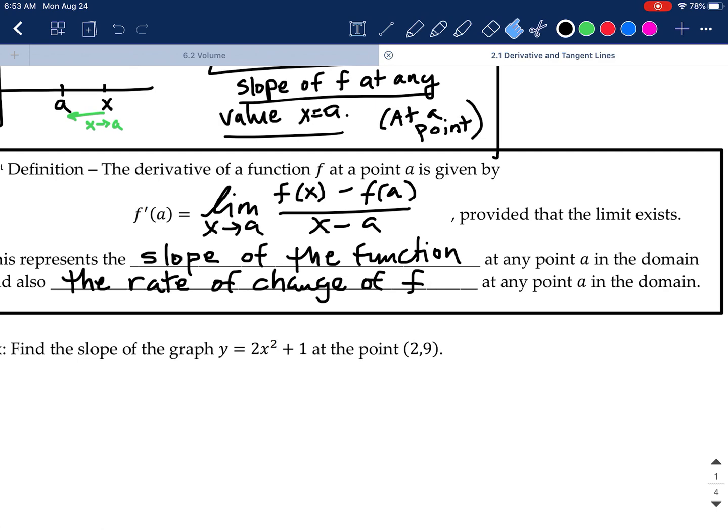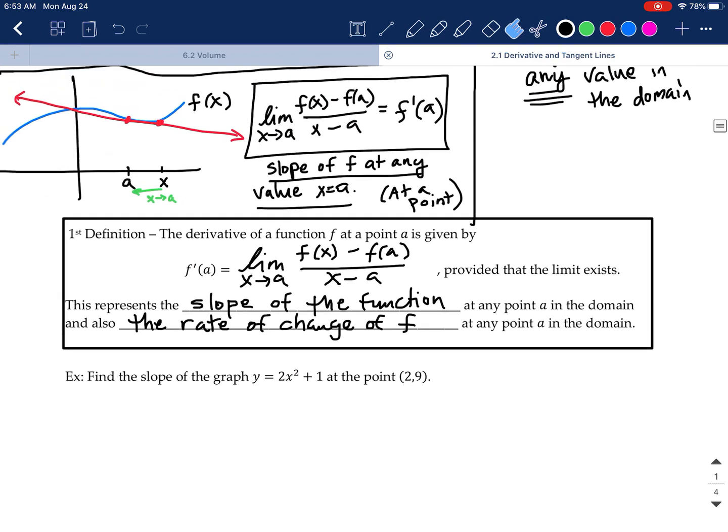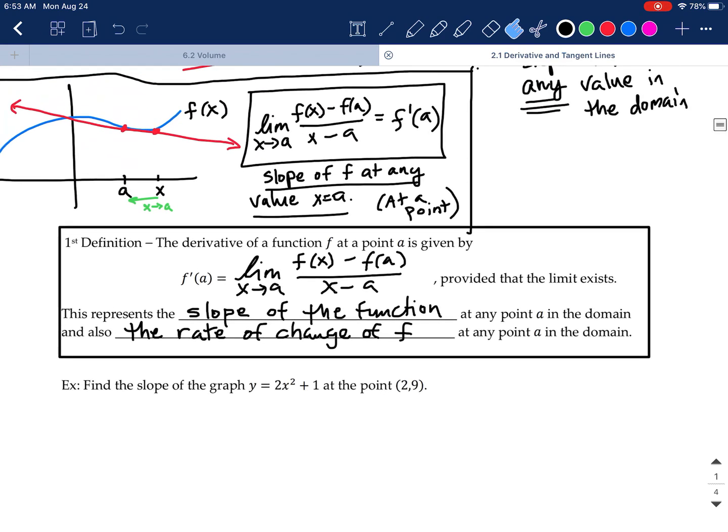And the reason why I put that is because we're going to be interchanging slope and rate of change. So slope and rate of change are going to be synonymous ways that we describe the function itself at that point. And in application, this is going to refer to typically velocity.